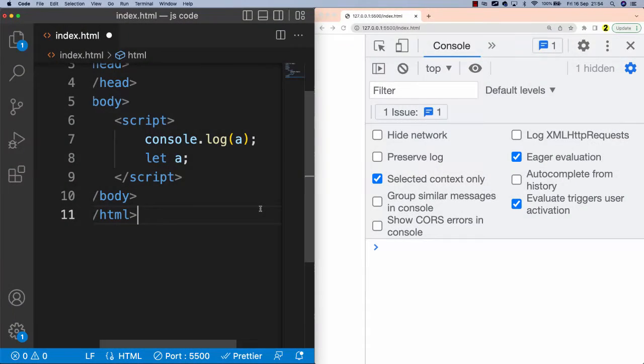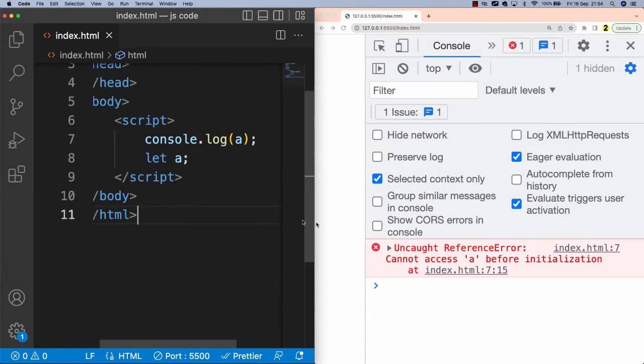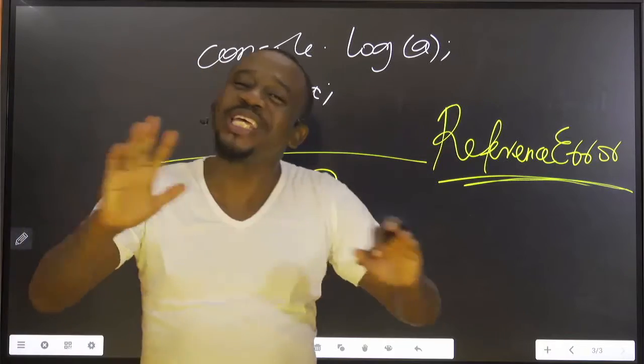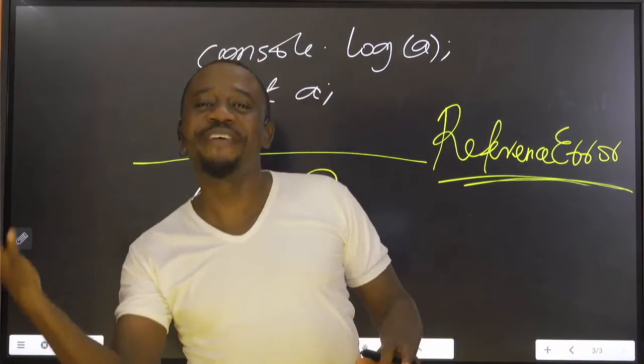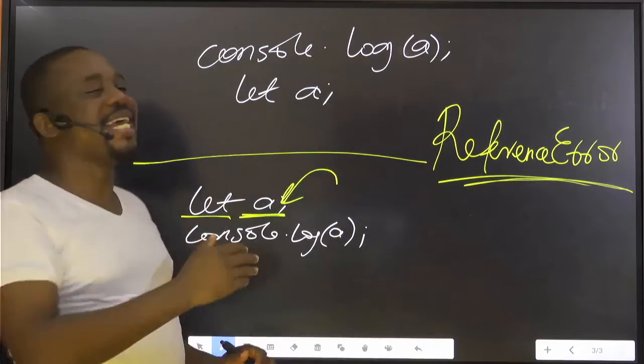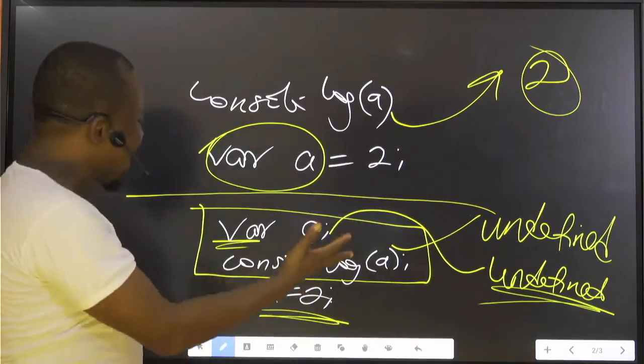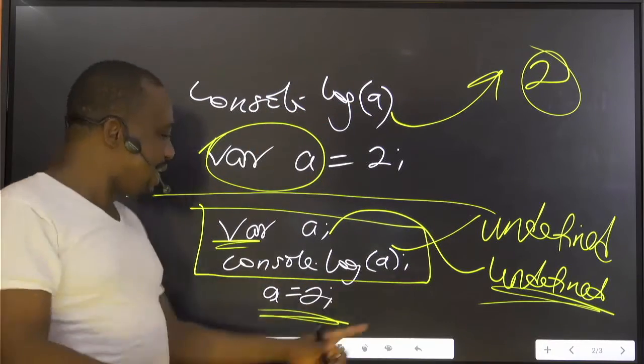Okay, let's confirm that. So you can see reference error: cannot access a before initialization. That means it has not yet been initialized. No value has been placed on a. No value has been assigned to a. But this other one, the value that is assigned to a is undefined.